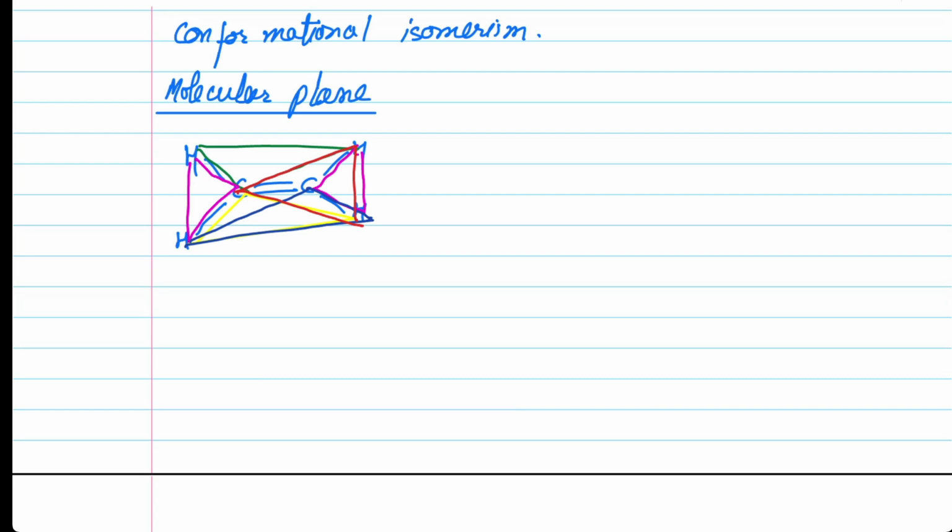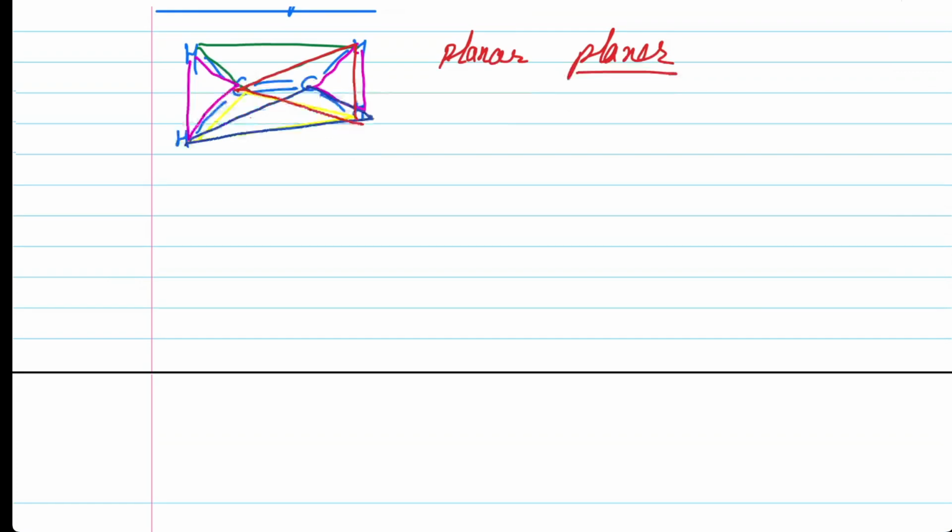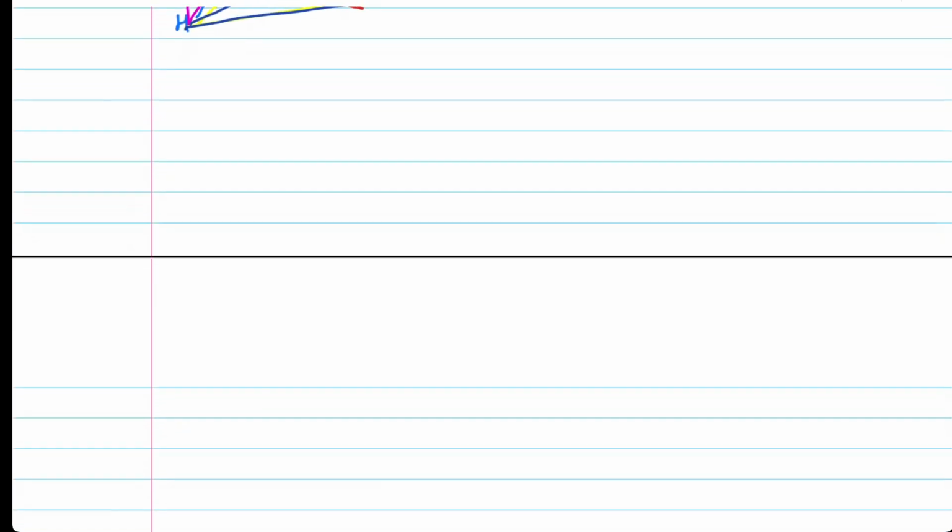A molecule in which only one molecular plane can be defined, or a molecule which has only a single molecular plane, is termed as a planar molecule. So, ethene is a planar molecule. It's a two-dimensional molecule. I hope we have understood what the meaning of the molecular plane is.